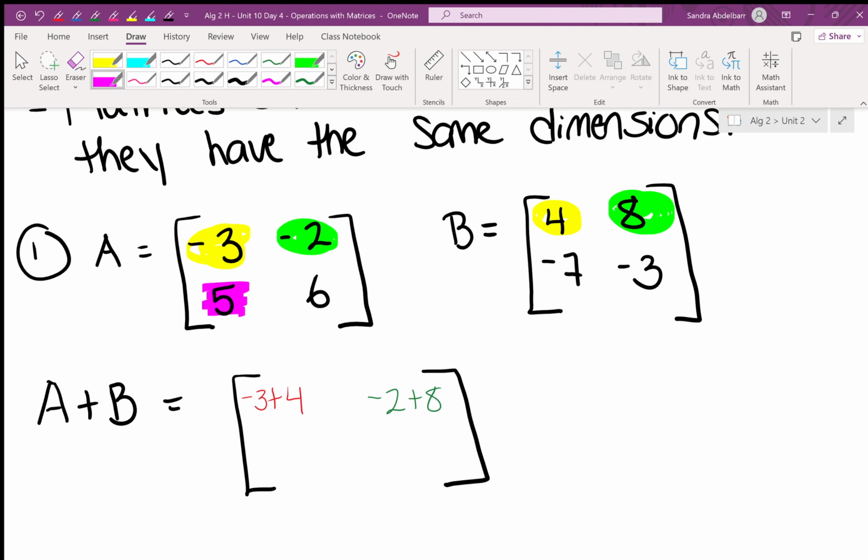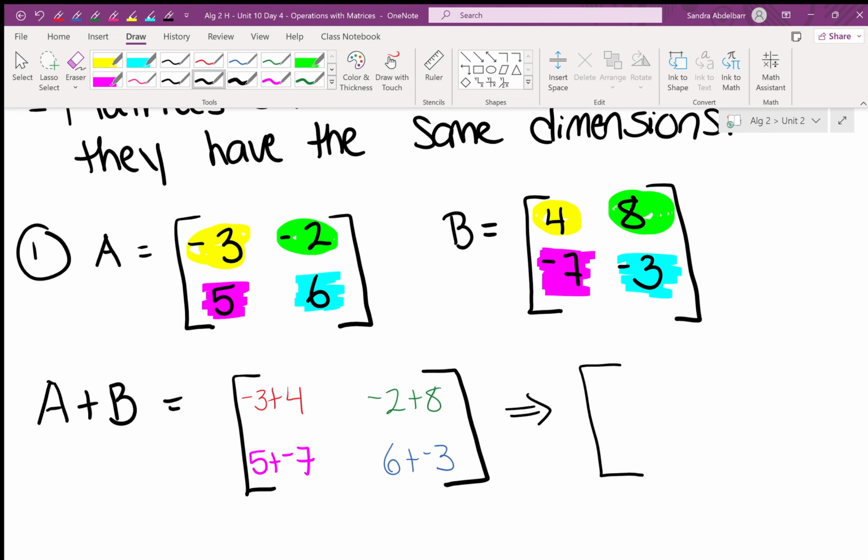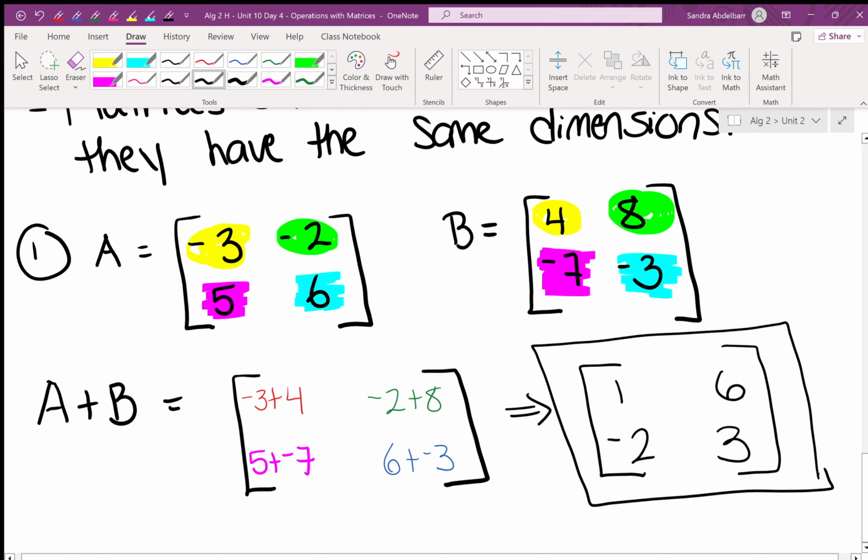I'm going to add 5 with -7. And last but not least, I'm going to add 6 with -3. So we end up with 1, 6, -2, 3. And that is A plus B.